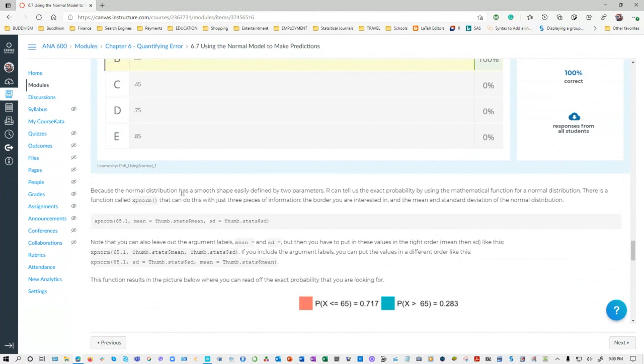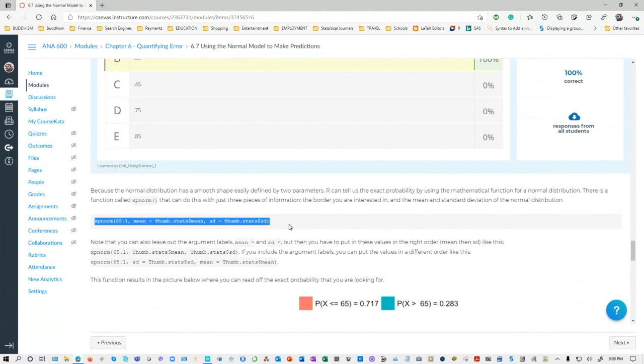Now, because the normal distribution has a smooth shape easily defined by two parameters, R can tell us the exact probability by using the mathematical function for the normal distribution. There's a function called pnorm. That would be very easy because we are using a normal distribution. Now you can get the exact probability in one shot, not the way we used to do it with the tally.